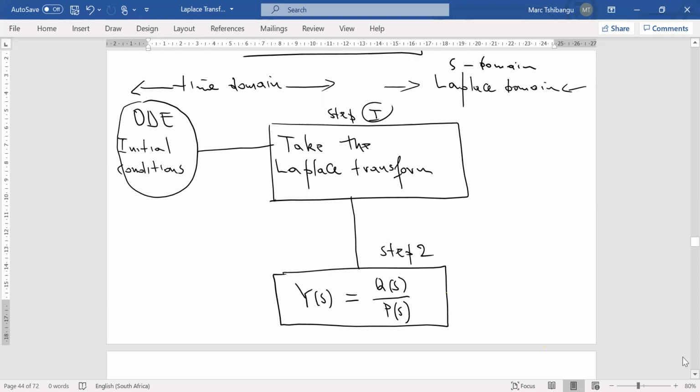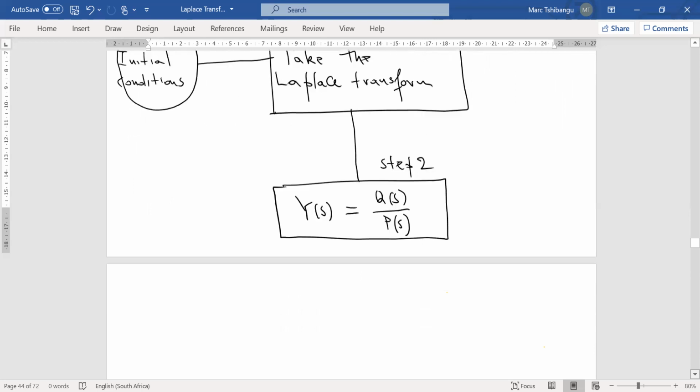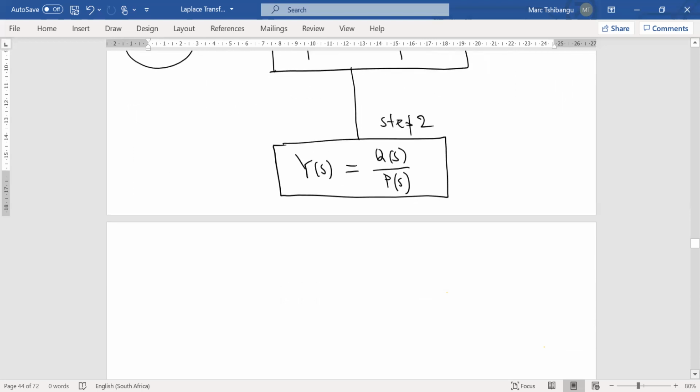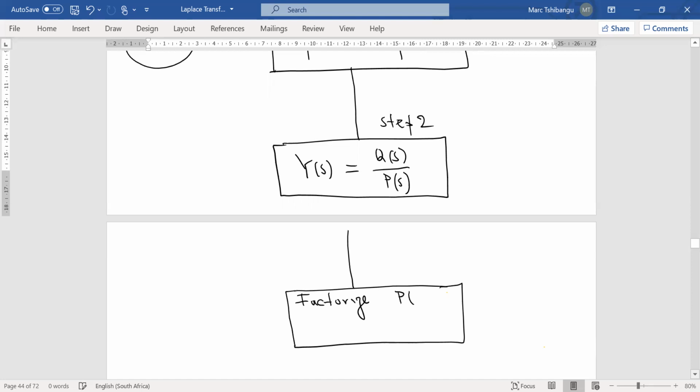And step three, you need to factorize the denominator of the characteristic equation, P(s). When you factorize, within this step, you need to perform the partial fraction expansion. These are the steps involved in the inverse of Laplace transforms.